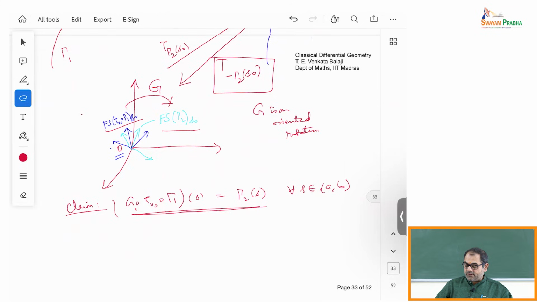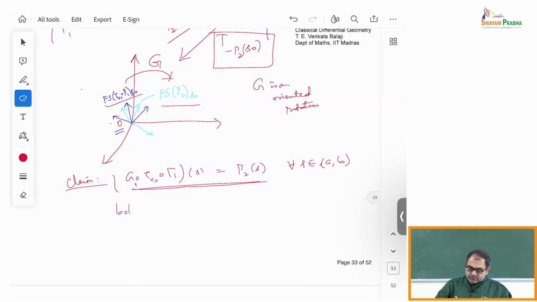Mind you, why is this true? That's because both these curves, G1 circle T V0 circle gamma 1 and gamma 2, pass through the same point gamma 2 of S0, which is the same as G1 circle T V0 circle gamma 1 of S0.